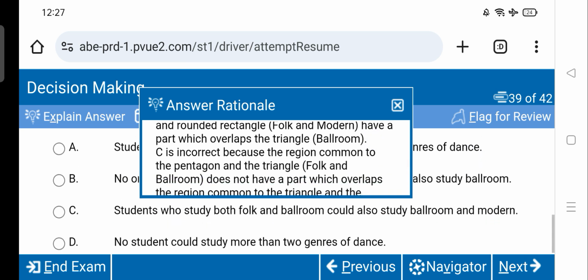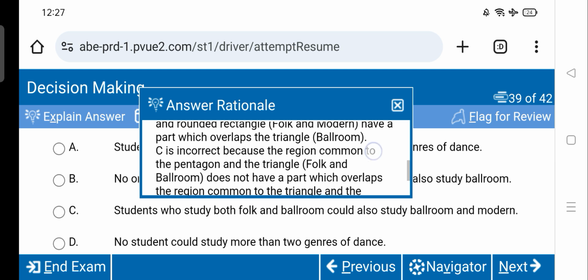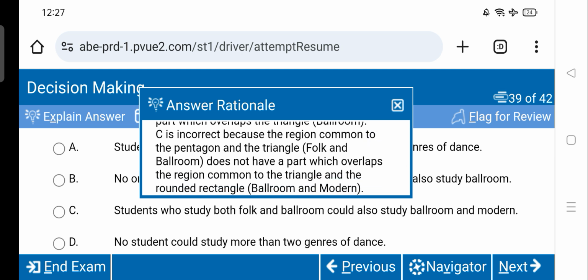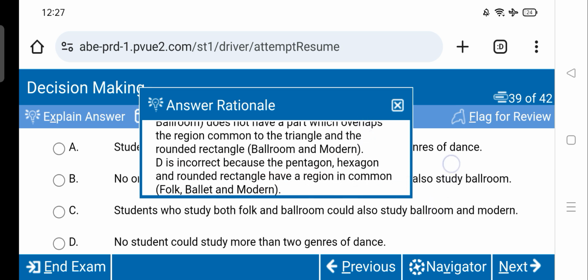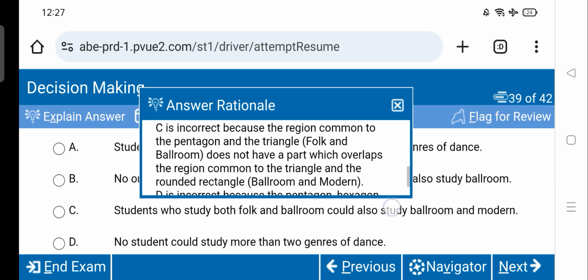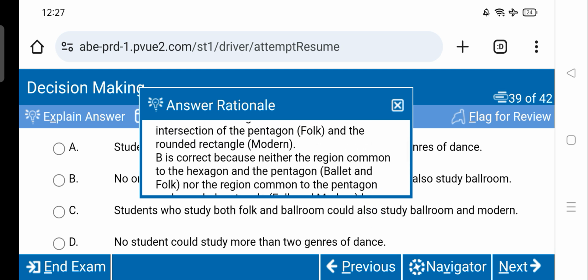C is incorrect because the region common to the pentagon and the triangle does not have a part which overlaps the region common to the triangle and the rounded rectangle. Option D is incorrect because the pentagon, hexagon, and rounded rectangle have a region in common, that is folk, ballet, and modern. So that's how we have the correct option is B.